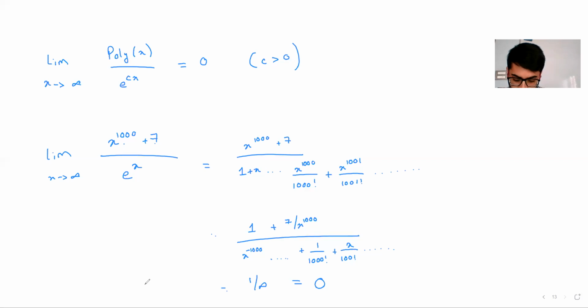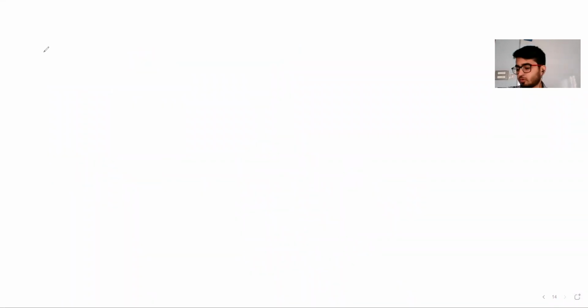Next, what we have is a few properties of calculus. We'll also look at that. Few properties of calculus, basically differentiation.